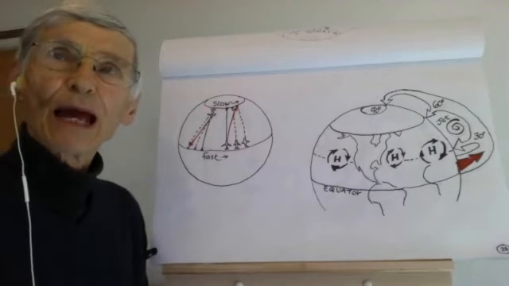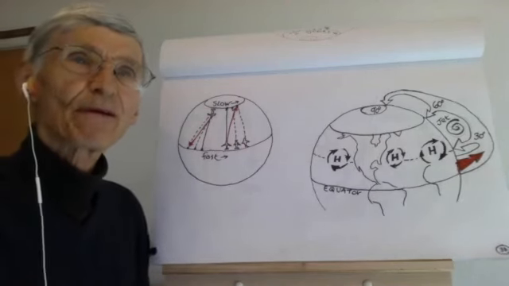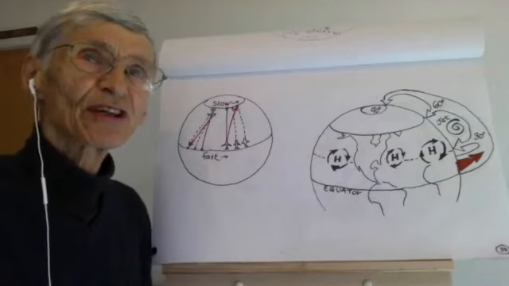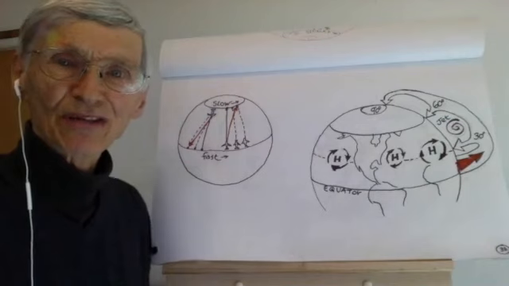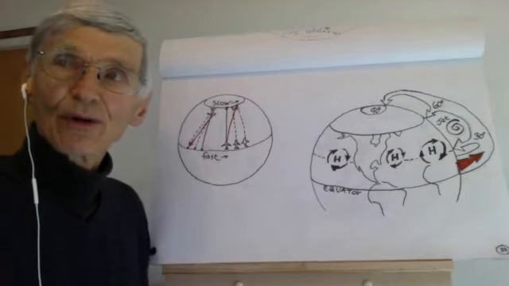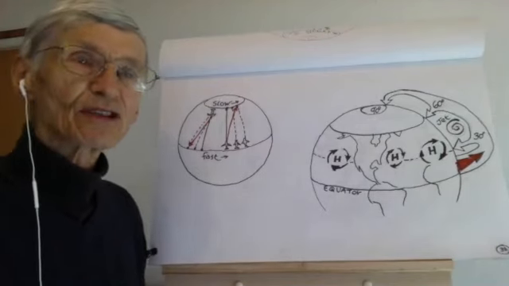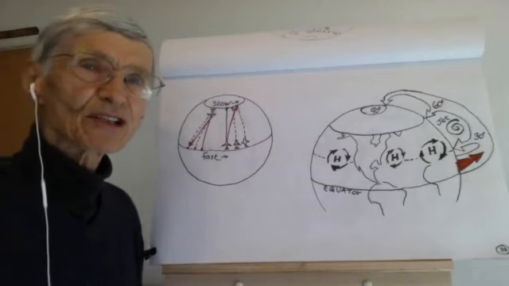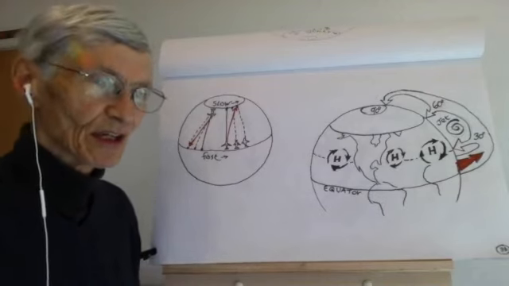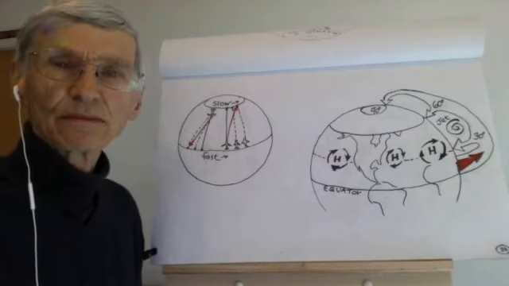So air pressure on the surface is like roller gears in a transmission. Suppose I have a high pressure area that's somewhere over, say, Iowa.